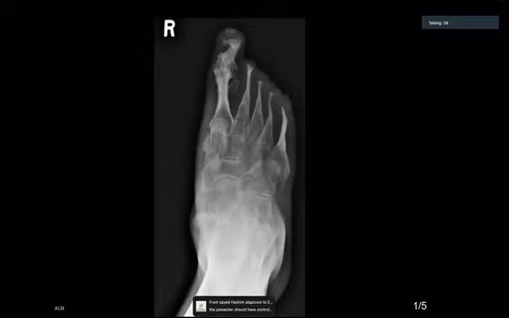Overall, the appearances are of a destructive, peripheral predominant process, and I would consider either avascular or neuropathic causes. So I would be considering arterial ischemia as well as causes of peripheral neuropathy.